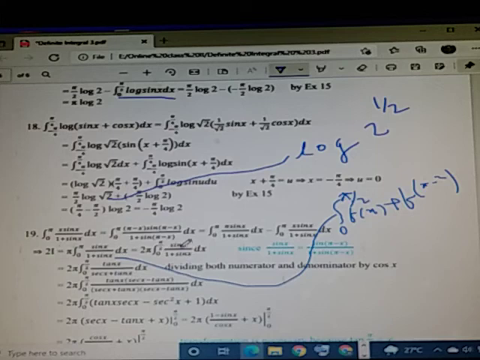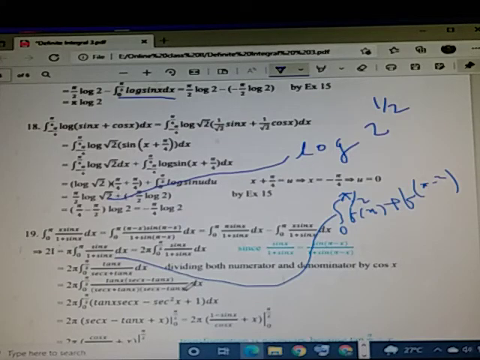Now you divide both numerator and denominator by cos x. Then you will have tan x by sec x plus tan x. Then this tan x by sec x plus tan x, you multiply by sec x minus tan x. So this is tan x into sec x minus tan x.